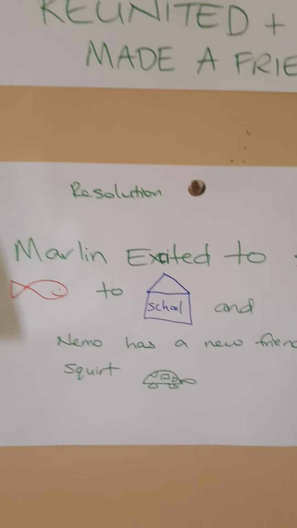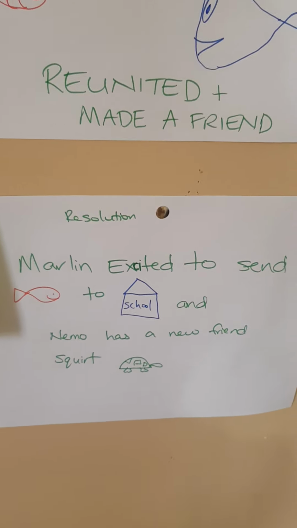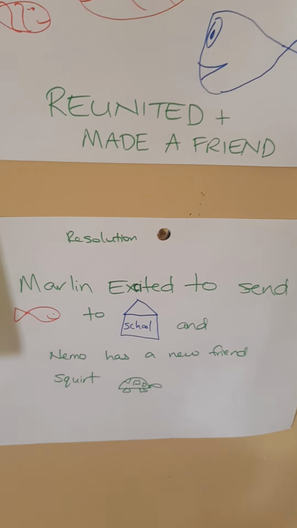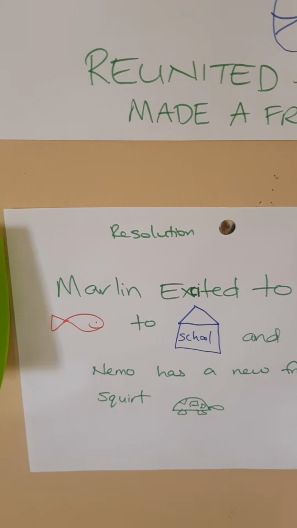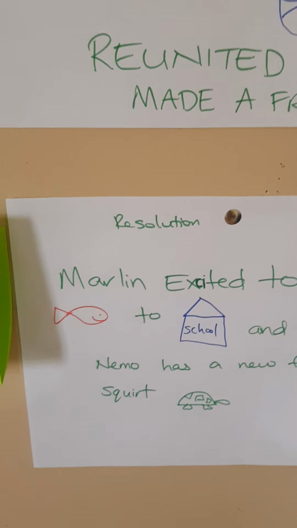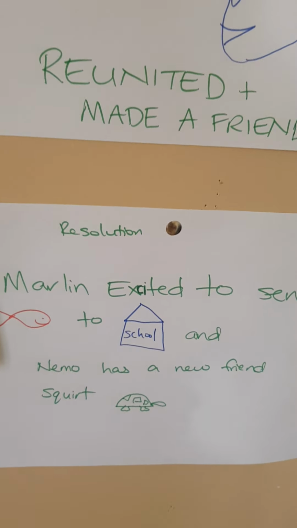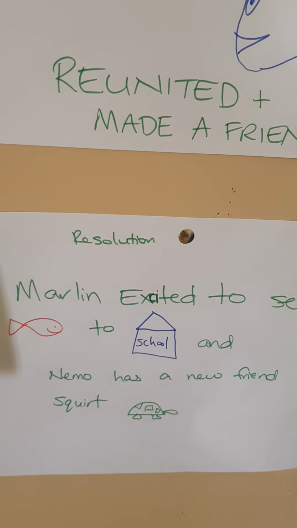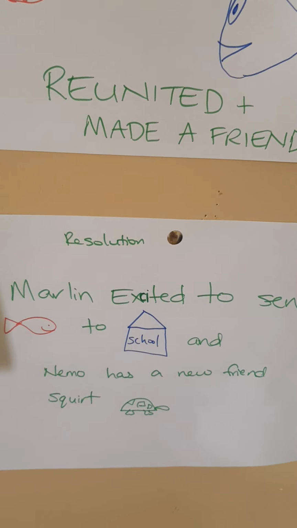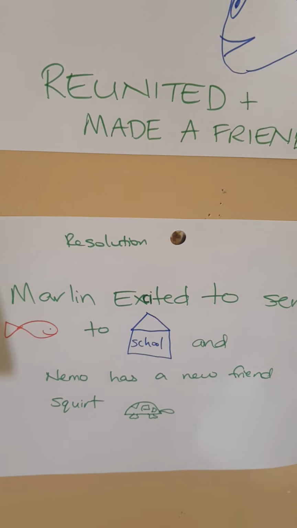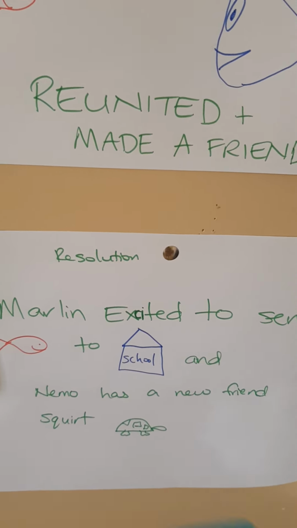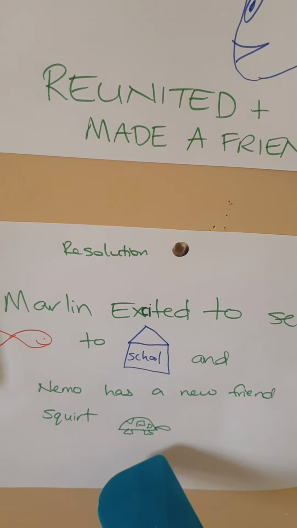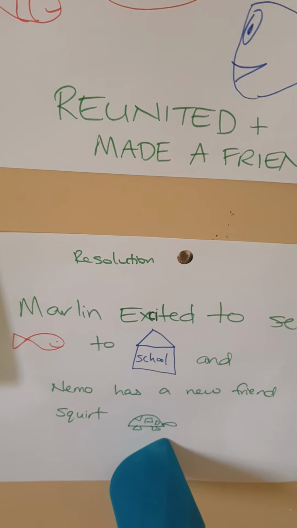And in the resolution, you see that Marlin was excited to send Nemo to school again, right? He was finally willing to trust that he will be okay after all that they've been through, and the fact that Nemo has definitely grown up and listened to his words of wisdom and can handle himself, and he can hold his own, right? So Nemo has a new friend, Squirt, and all too. So all of that is part of the resolution.